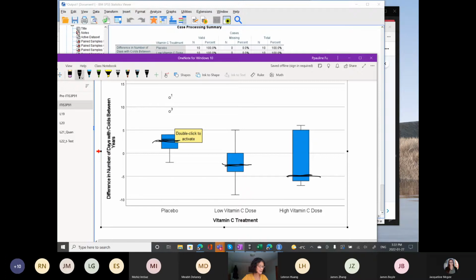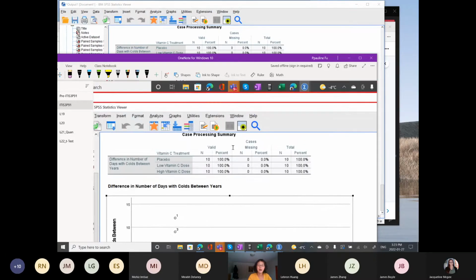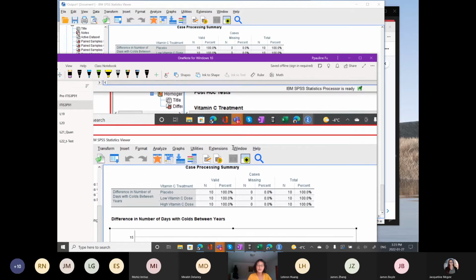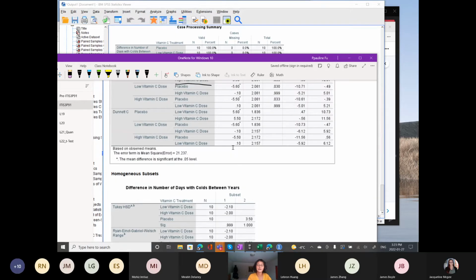Okay? So there was a significant difference in the means between the groups that received low vitamin C and high vitamin C and the placebo group. If you only look at these two means, there's a significant difference. Okay, so that is how we compare 3 or more population means.